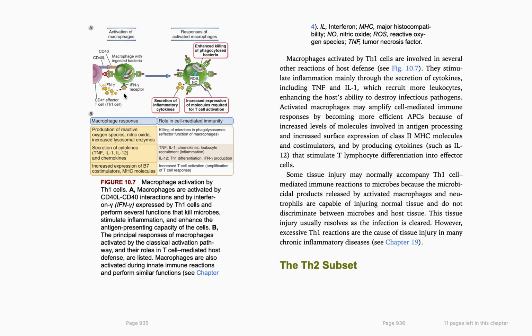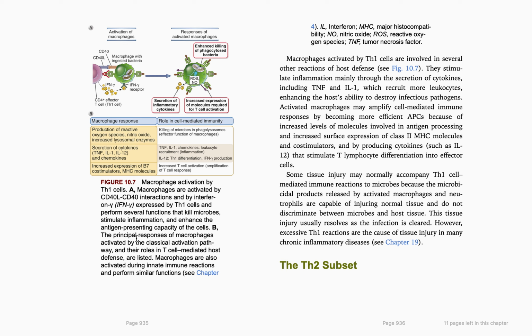If this is produced, you know the function of this one. The activated cell will produce reactive oxygen species together with nitric oxide. All of these together with lysosomal enzymes will kill bacteria which are inside. So this is the main response that is occurring when these things are happening. They interact together.